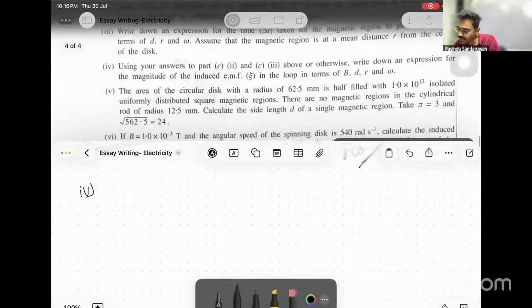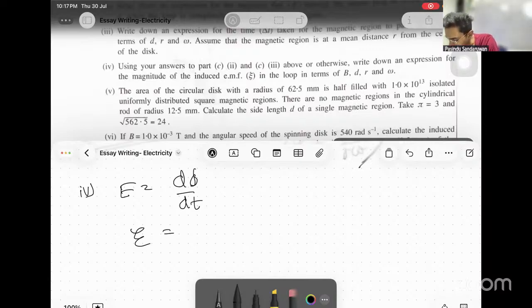Using your answers to part C2 and C3 above, or otherwise, write down an expression for the magnitude of the induced EMF psi of the loop in terms of B, d, r, omega. We know E is written as d phi over dt, which is delta phi over delta t.